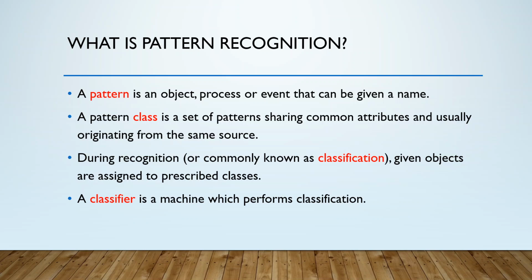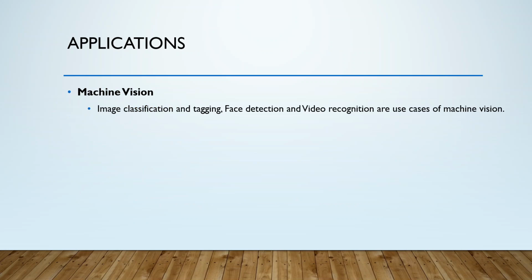During recognition, commonly known as classification, given objects are assigned to prescribed classes. A classifier is a machine which performs classification. So, that is all about what is pattern recognition and what is classification.